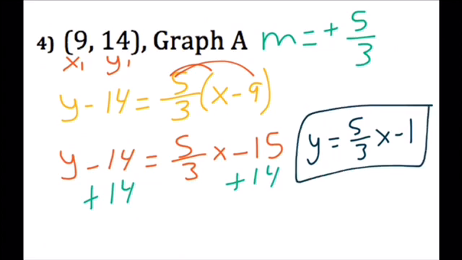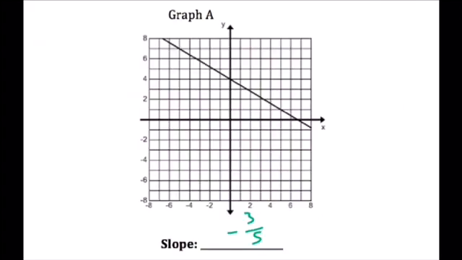Let's go ahead and graph that on graph A so we can see how it really is perpendicular to that line in graph A. So we're going to start at -1, and then we're going to go up 5 and right 3.